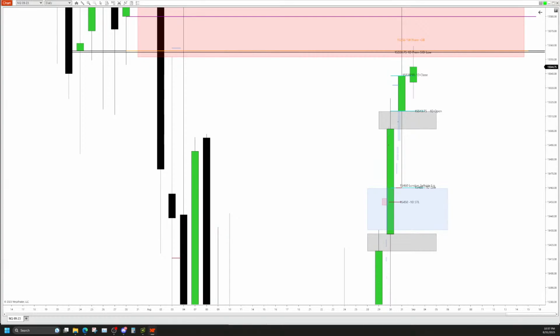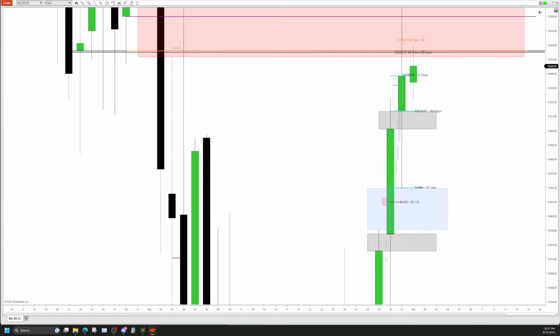And I actually want to remove the London sell side liquidity that's on the hourly now. There's a brown marker that I'm taking off so we can see some of these things a little easier on lower time frames.